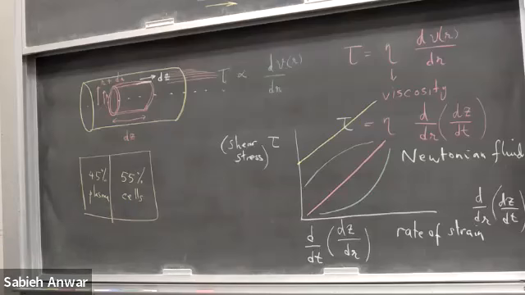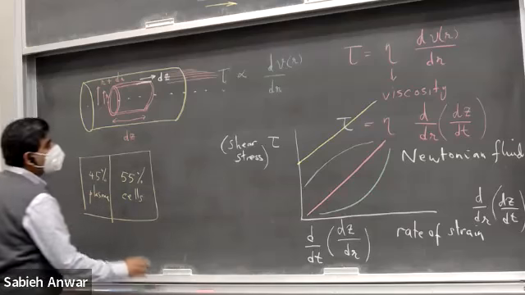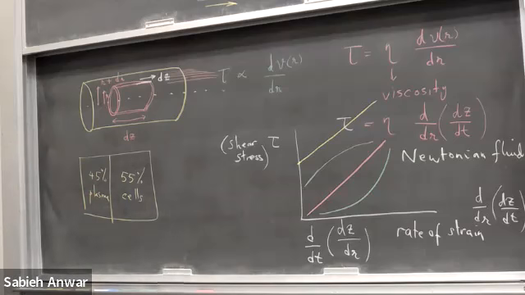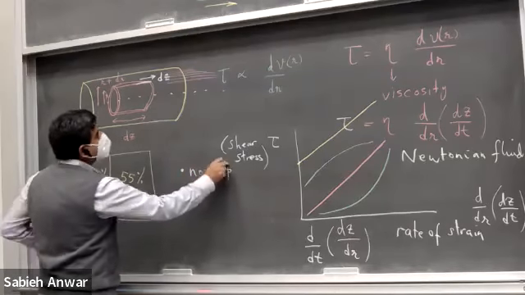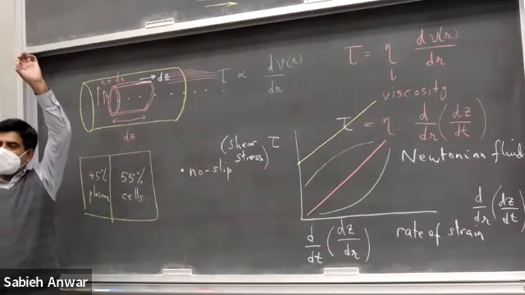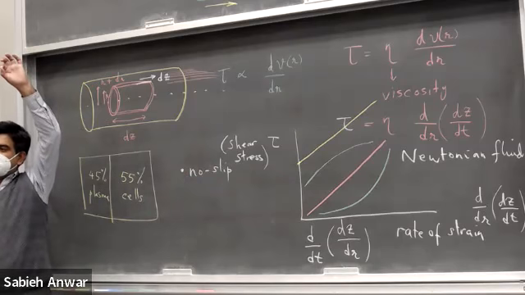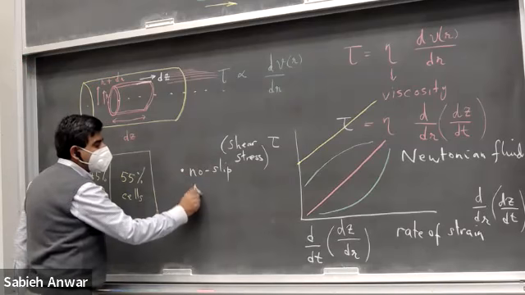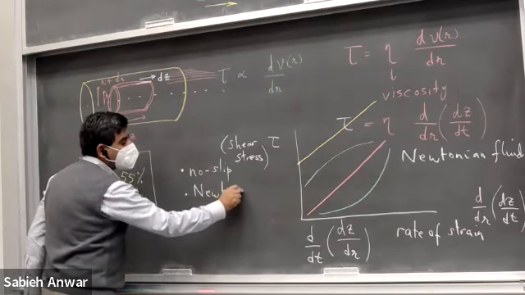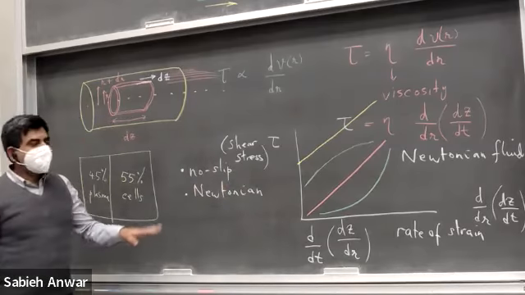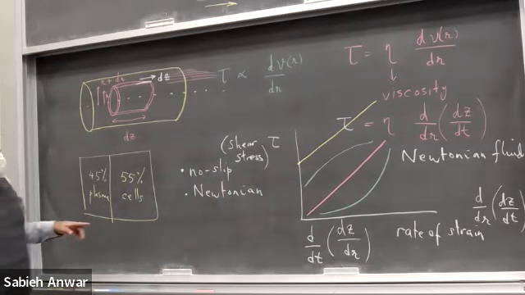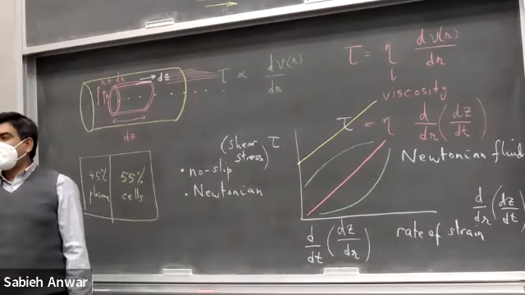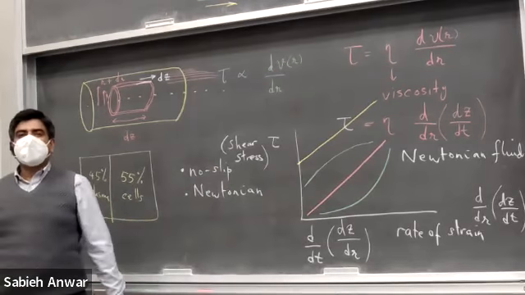But in certain cases, we would like to consider Newtonian flow. The assumptions we're going to make in order to derive the Ohm's law are, first, the no slip condition, which means that at the walls of the tube, the blood is static. We're also considering blood in a Newtonian setting, which means that the viscosity does not depend upon the rate of strain, and that is only true when the rate of strain is large.